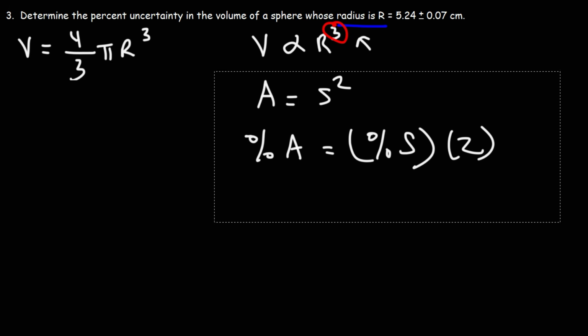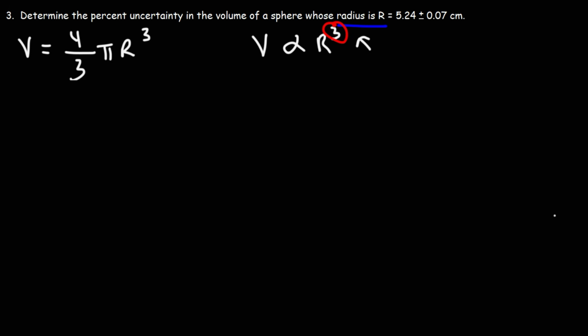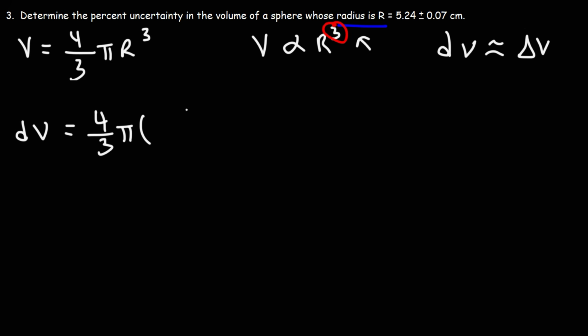But now let's talk about why this works. Using calculus, let's differentiate that formula. dV, by the way, you could think of it as the change in volume. They're not exactly the same, but they're very similar. So dV is going to be 4/3 pi times the derivative of r cubed.